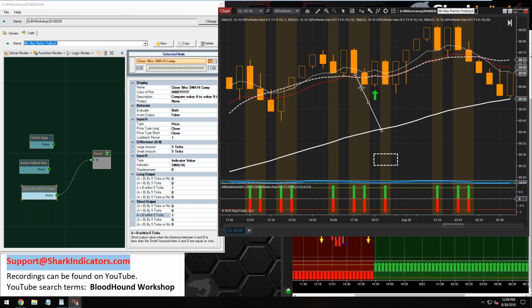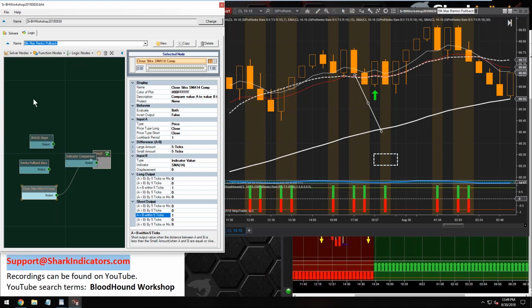So we need to filter out this 5 ticks above here for a long situation and filter out the 5 ticks below for a short situation here. So let's filter out this bar and this bar. So that will take another comparison solver.